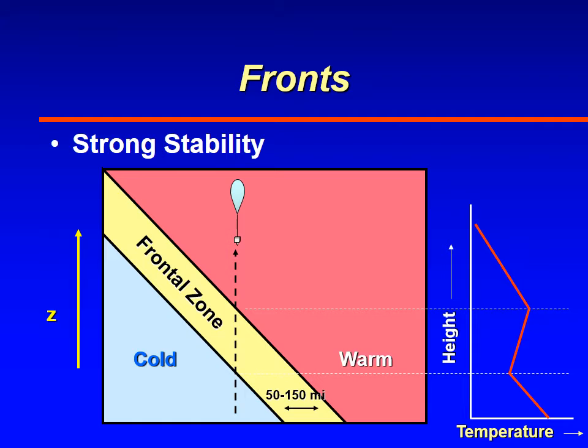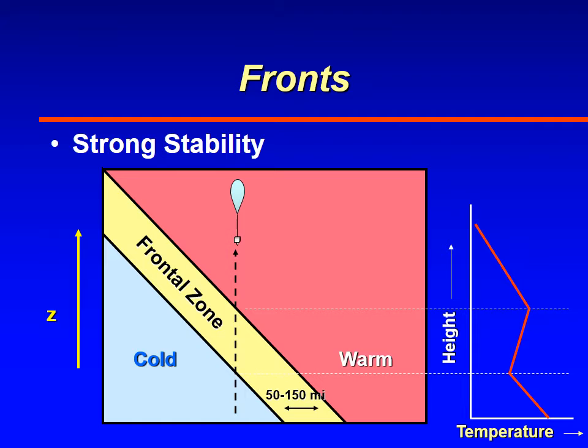Also, we know that fronts have very strong stability. This picture represents a radiosonde going up through a frontal zone where you have cold air on one side, warm on the other. Not saying which way this front goes. It could be a warm front or cold front. Not sure which way it's moving. But regardless, if you sent up a radiosonde or a weather balloon through the front, initially temperature decreases in the cold air.